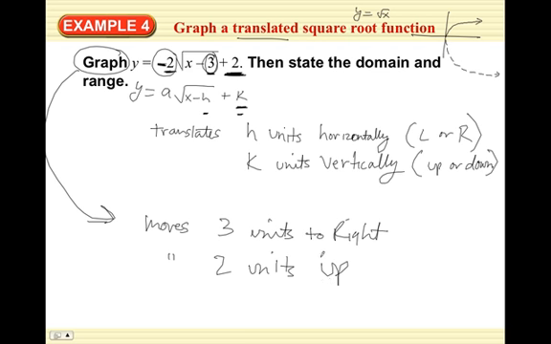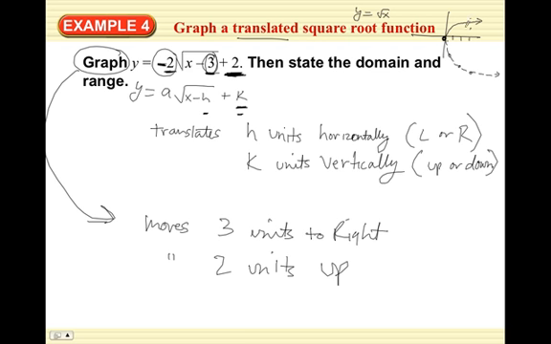So all this thing would do is it flipped down because of the negative. Since that's a 2, it made it stretch. And these two numbers will translate it 3 to the right and 2 units up. So I'm going to take every coordinate on this thing right here and move them 1, 2, 3 to the right and 2 up, 1, 2. So this thing is going to be up here and down this way.